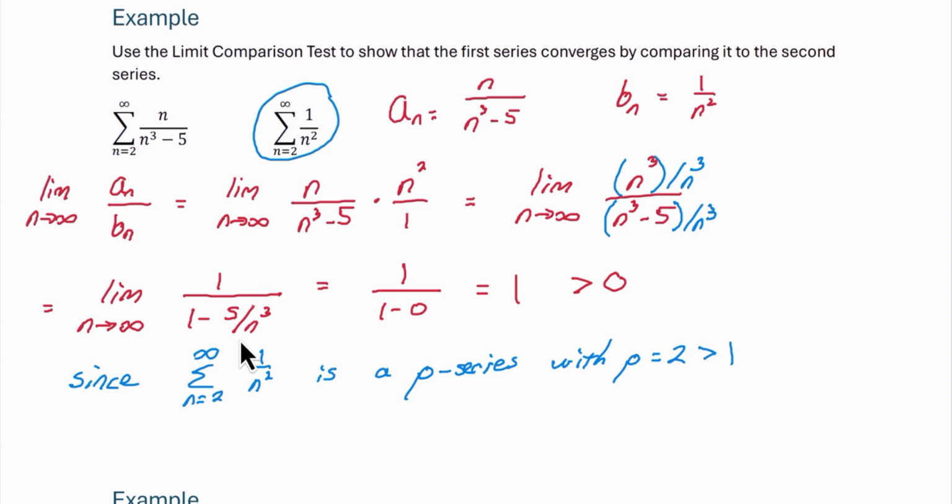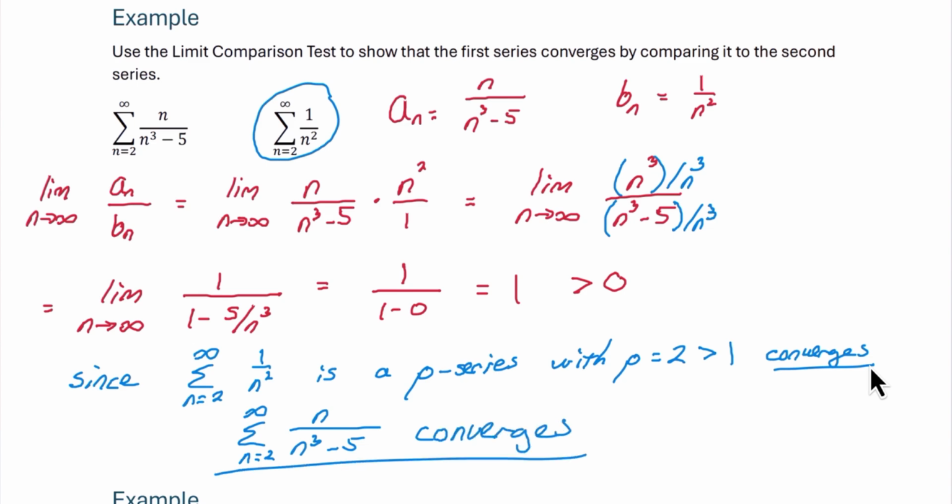We know that that means this one converges. And if the limit of the ratio is positive, and we know that one of those series converges, then they both must converge. So we know the sum from n equals 2 to infinity of n divided by n cubed minus 5 must be convergent. It converges due to the limit comparison test.